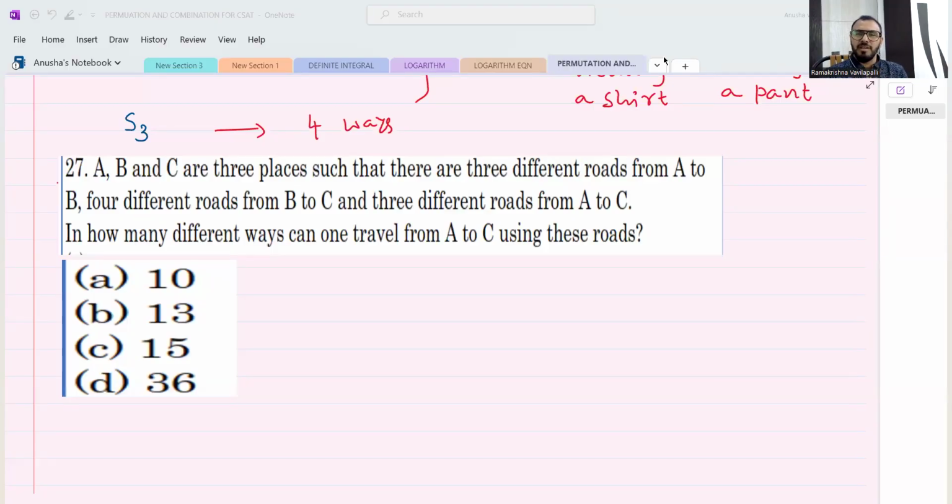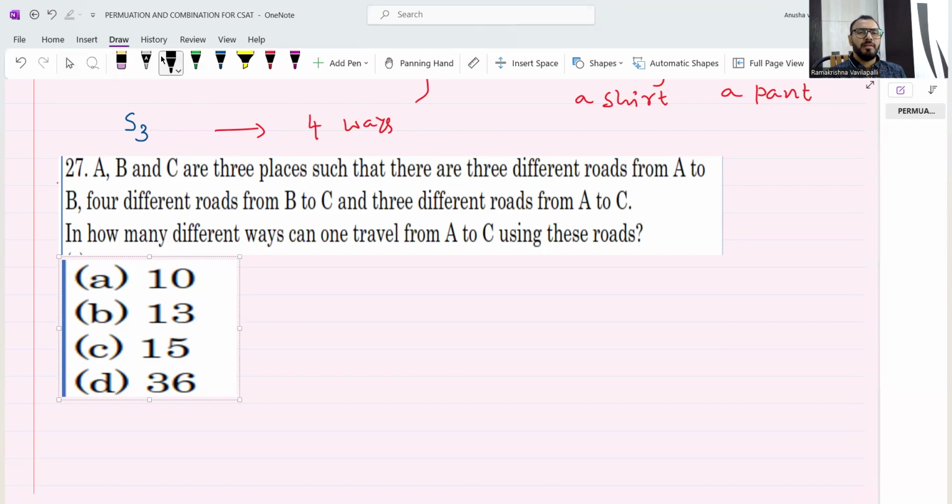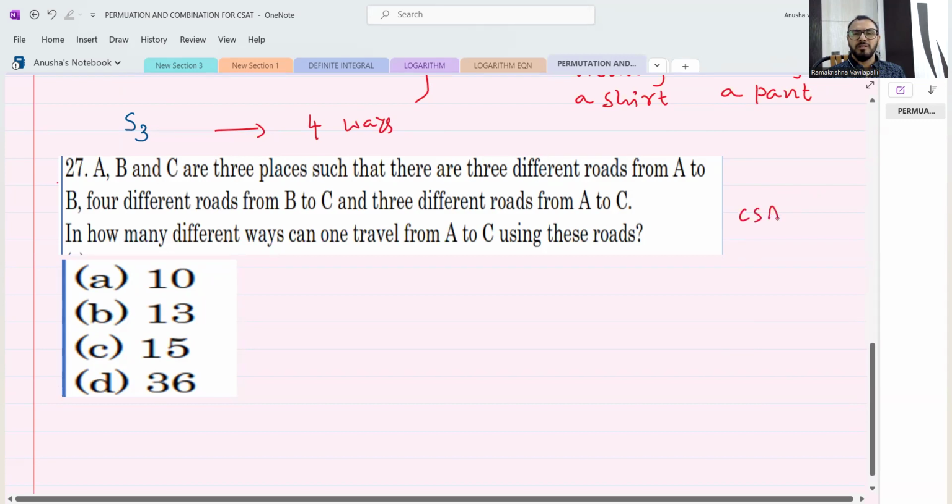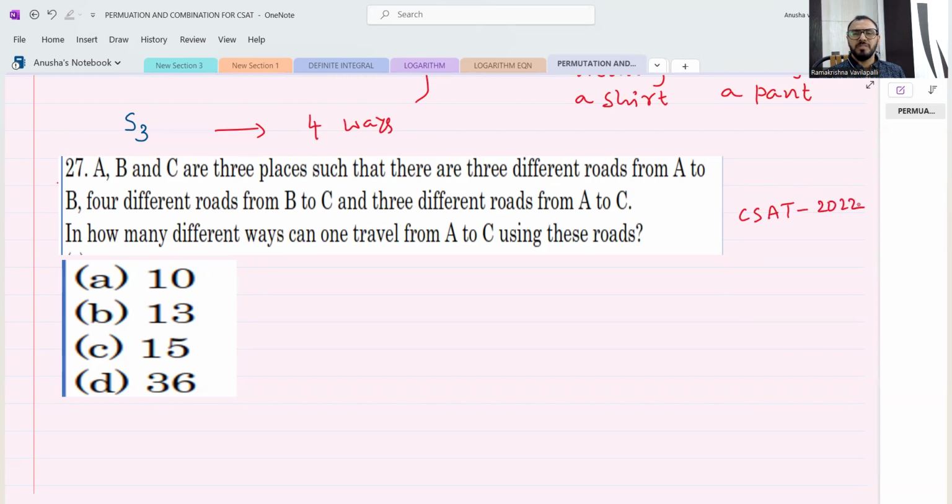Here is a question asked in CSAT 2022. Very basic level question. If you understand the question, you won't take more than 1 minute.